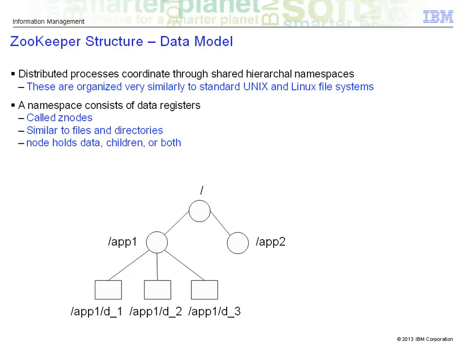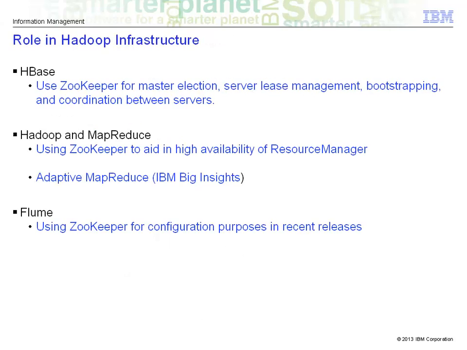Data can be stored in a Z-node. When data is written to or read from a Z-node, all of the data is either written or read. Also, there is an access control list, also known as an ACL, that is associated with each Z-node. This allows control over who can create, read, update, and delete a Z-node.